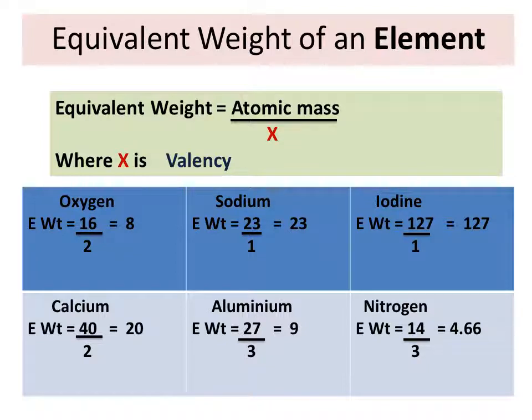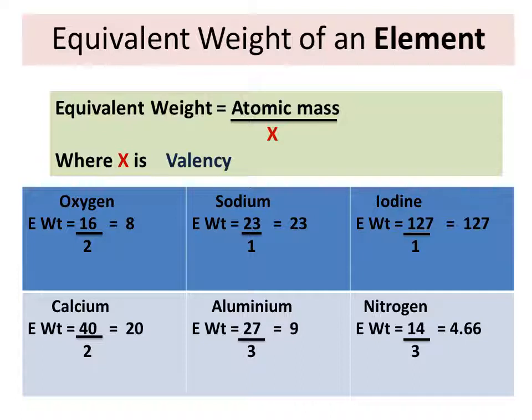Now let us come to sodium. The atomic mass of sodium is 23. We all know that the valency of sodium is 1 because it belongs to the first group in the periodic table. So let us apply these two values to the expression: mass upon valency, mass is 23, valency is 1, so that comes out to be 23.